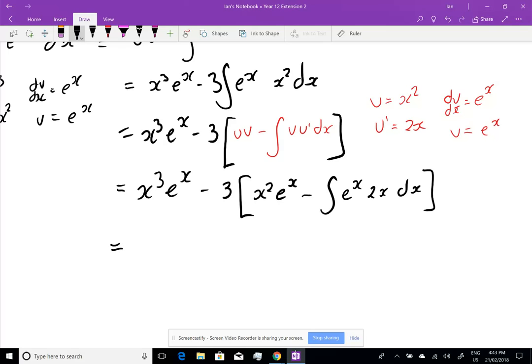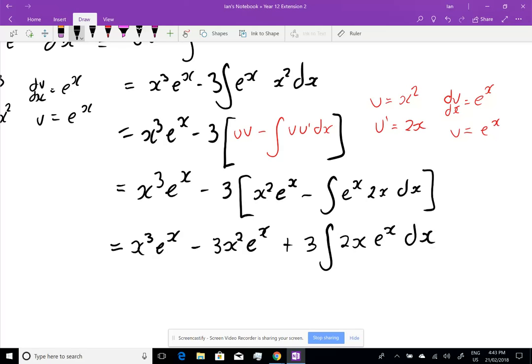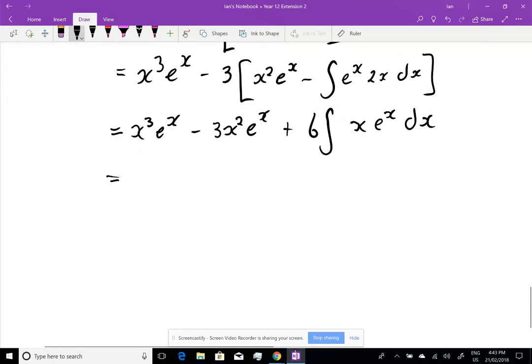Tidy that up, x cubed e to the x minus 3x squared e to the x plus 3 the integral of, and I'll pull that 2 out from, 2x e to the x dx. And again, I will pull this 2 out the front. And 3 times 2 will give me 6. Sweet. So this integration is done.